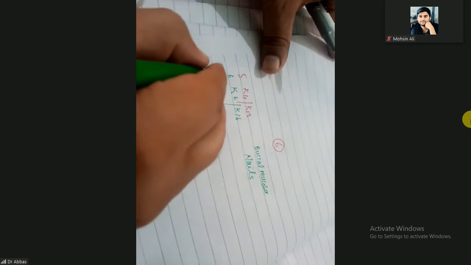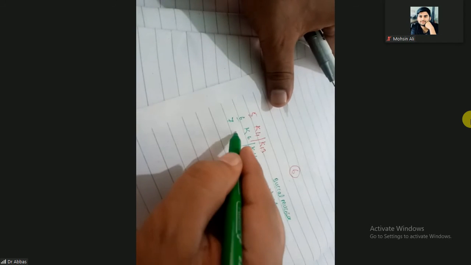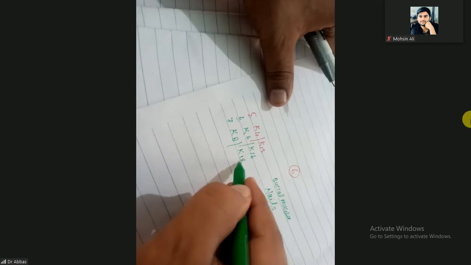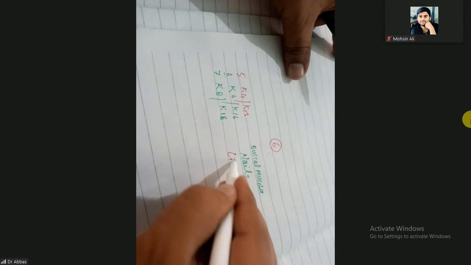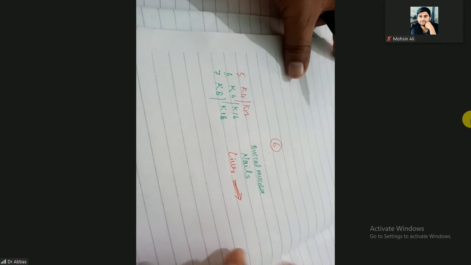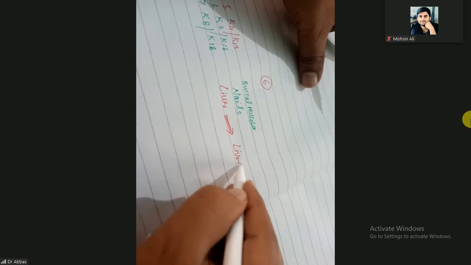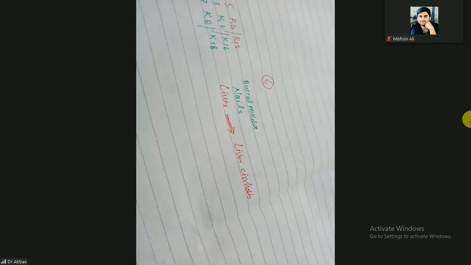Last one, the seventh one, is K8 and K18. Keratin 8 and K18 are present in the liver, and their defect will lead to liver cirrhosis.